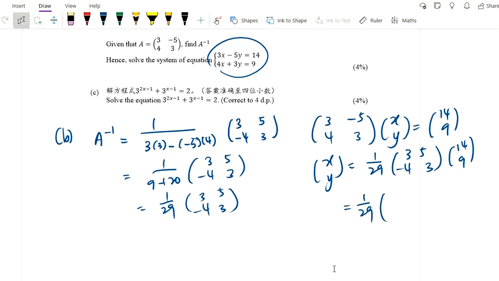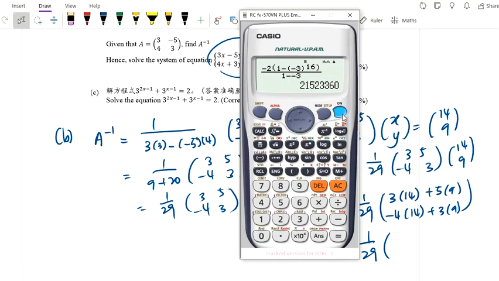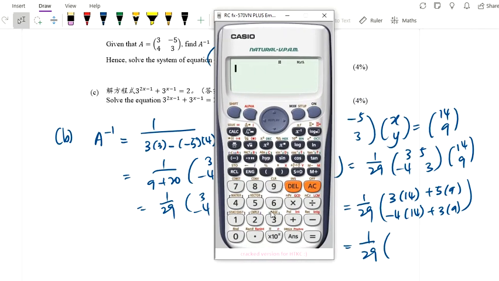It's 3 times 14 plus 5 times 9, and negative 4 times 14 plus 3 times 9. This is okay, just use a calculator so that we don't make any careless mistake. 3 times 14 plus 5 times 9 should be equal to 87.